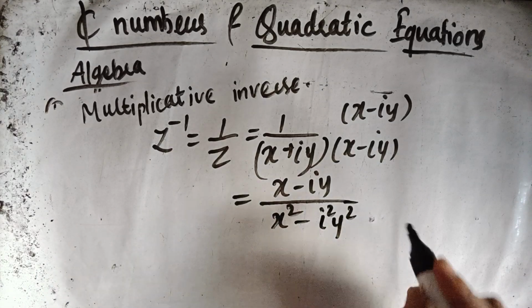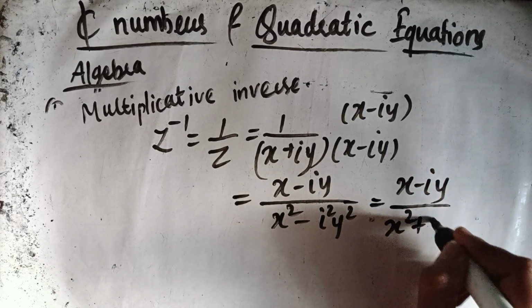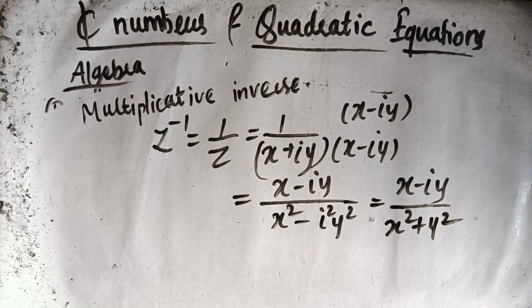I square is minus 1, so this becomes x square plus y square. So this is the multiplicative inverse. Then we have a distributive property and cancellation law.